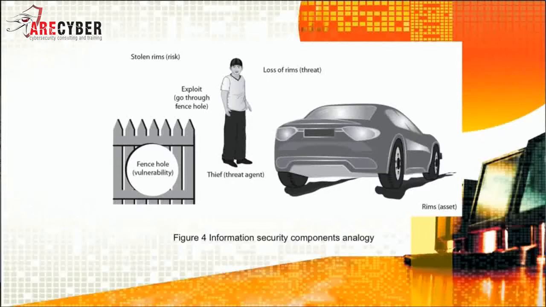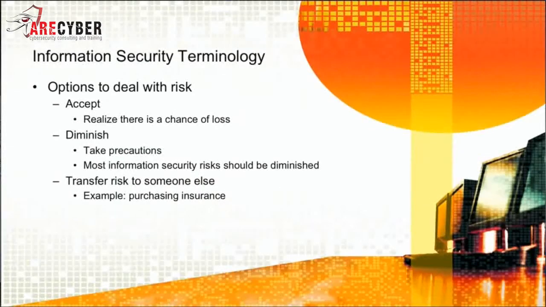Now, just simply put, that should be able to draw the picture for you of how all of these play together. Knowing that we cannot eliminate the risk altogether, when looking at different avenues to mitigate our risk, we have several different options. We can just accept the risk, realize that there is a chance of loss.